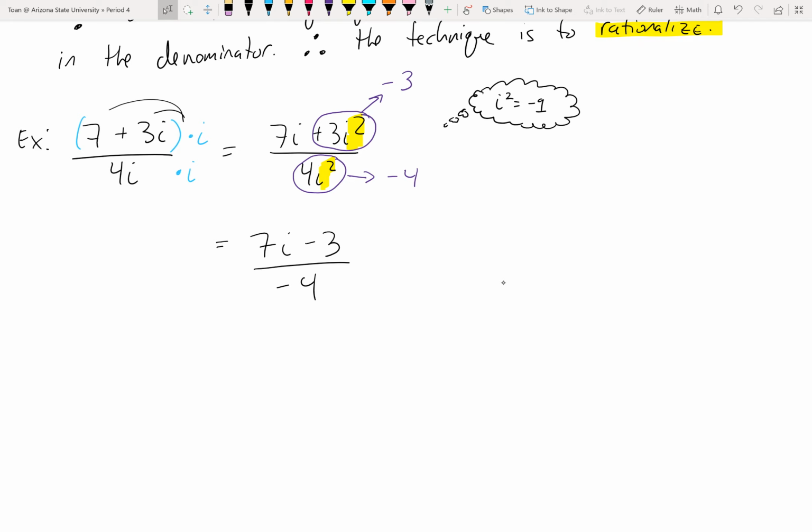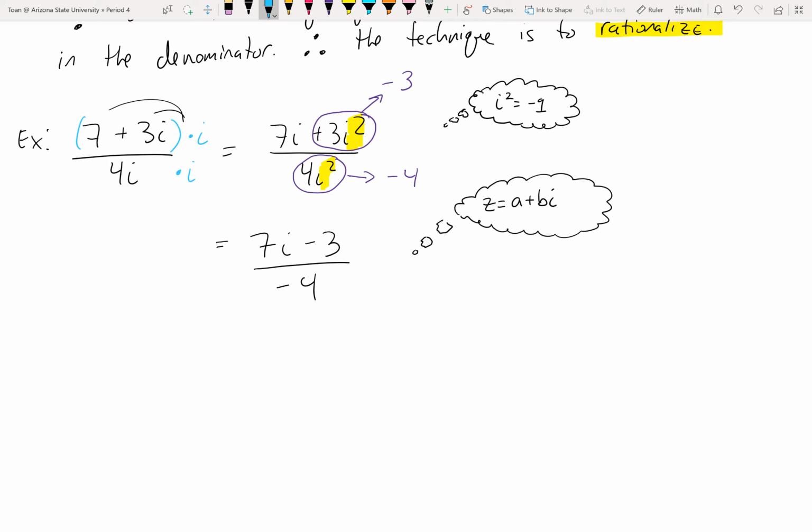Okay. Technically, however, complex numbers in standard form are always two separate pieces, the real first and the imaginary second. What we have here is backwards. The i's are first and the real part is second. And also we have one giant fraction. So we need to do two things here.